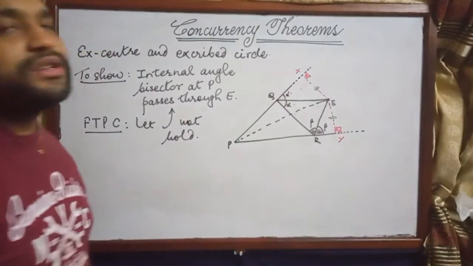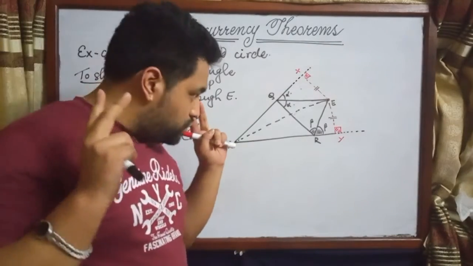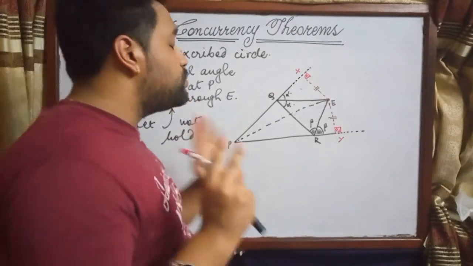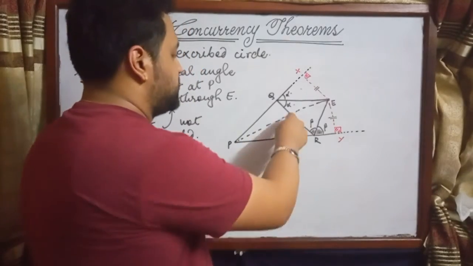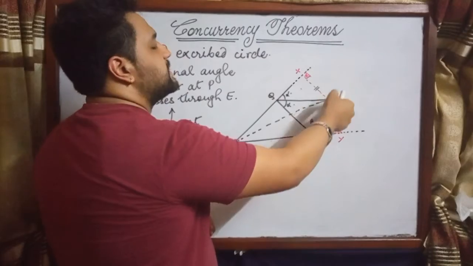So in two right angle triangles, two pairs of sides are equal. This is equal to itself and this is equal to this.